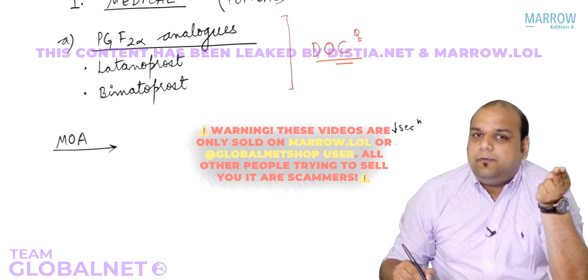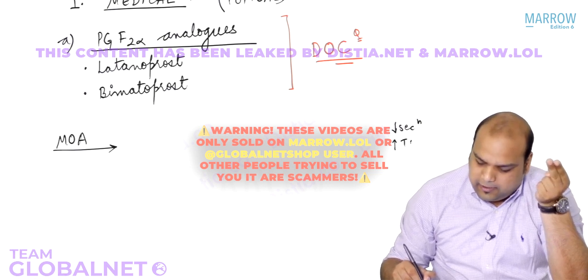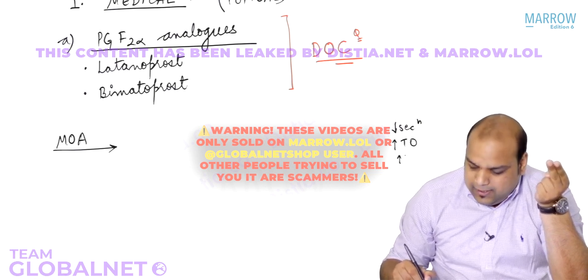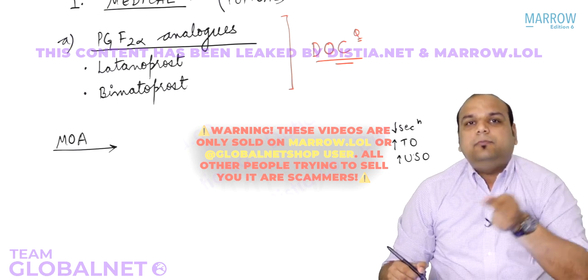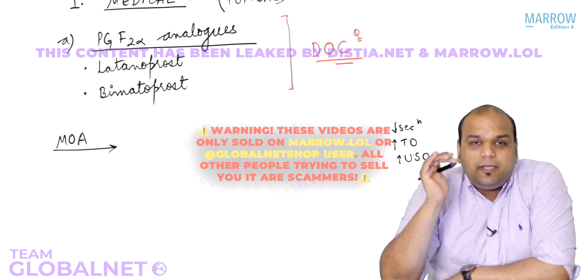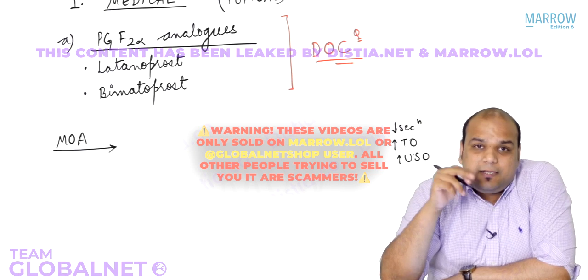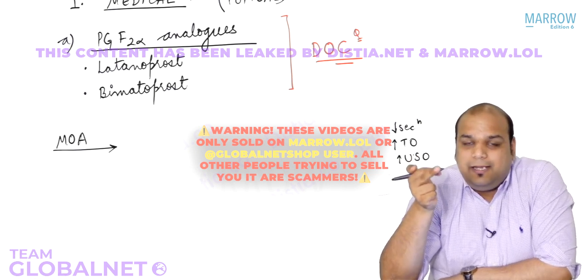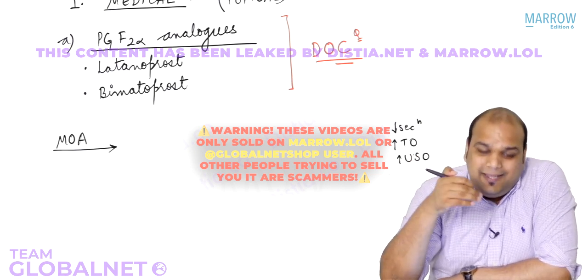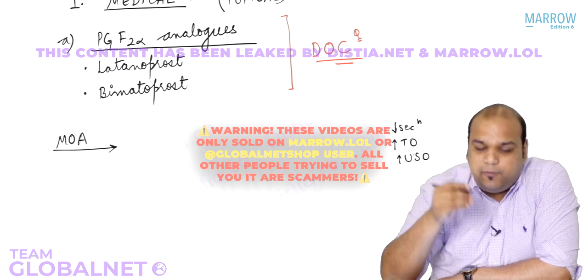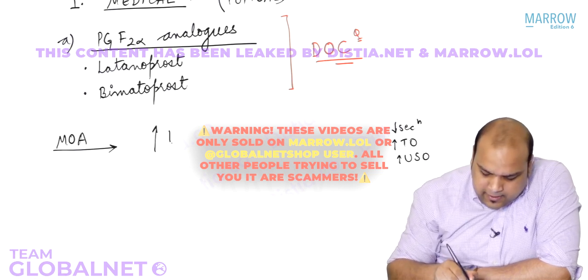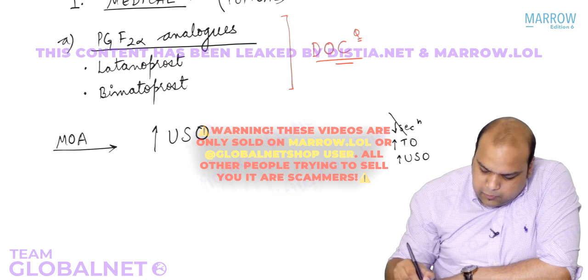So as a mechanism of a drug, there should be increased trabecular outflow or increased uveoscleral outflow. Can I say this? So there can be any of the three mechanisms, either decreased secretion or increased trabecular outflow or uveoscleral increased outflow. Which of the following is the mechanism of action for prostaglandin F2 alpha analogs? The answer is increased uveoscleral outflow.